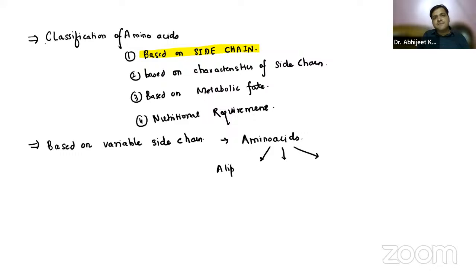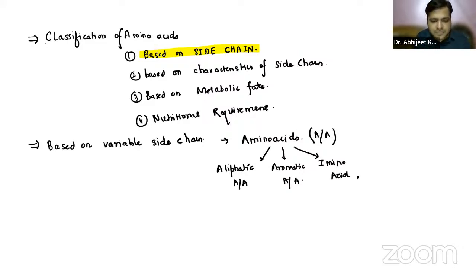Either it can be aliphatic amino acid, I'm writing amino acid as AA, it can be aromatic amino acid, or it can be amino acid. Aliphatic means single chain. Aromatic means the circle. And I will be discussing the structure one by one.